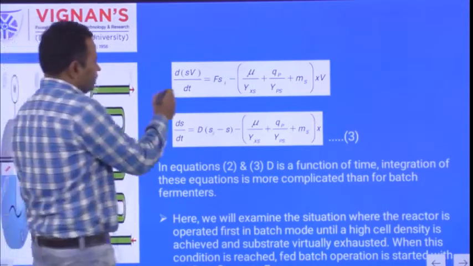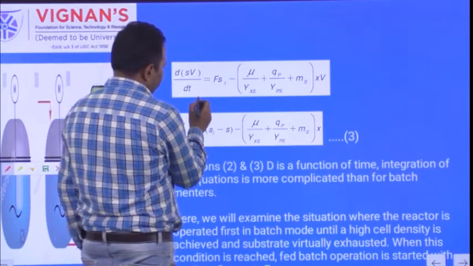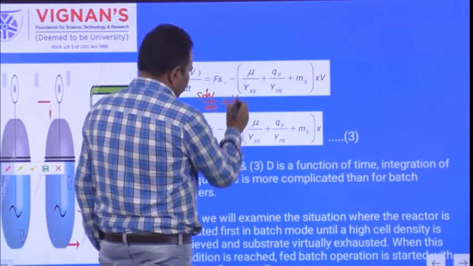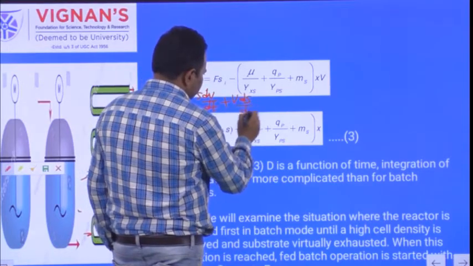Apply the UV rule. How can you apply the UV rule? S dV by dt plus V dS by dt.